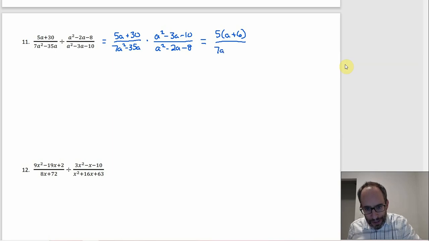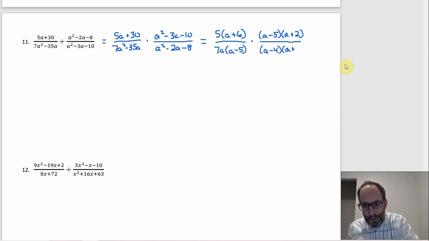So we can factor out a 7a, and we'd be left with a minus 5. And then second numerator, that would be a minus 5 times a plus 2. And in the second denominator, that's a minus 4 times a plus 2.